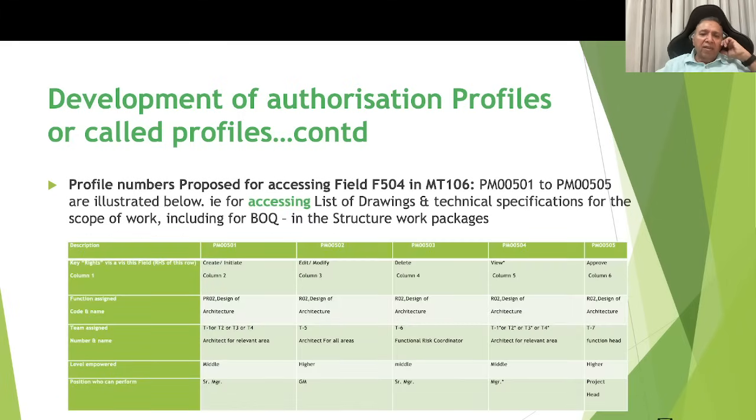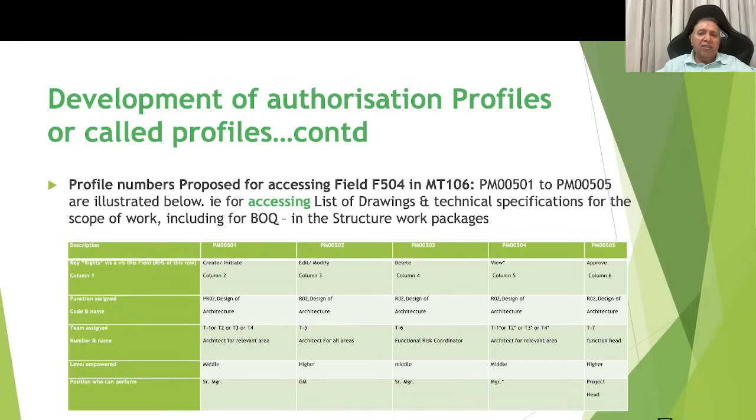So here in this illustration, I have taken just one field, F504, which is the field for the list of drawings and technical specification for the scope of work, including the BOK and the structure work packages.